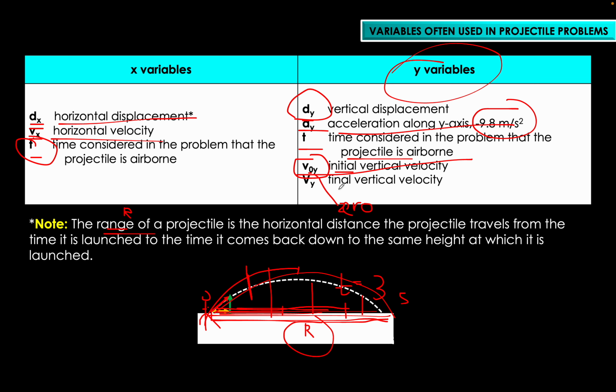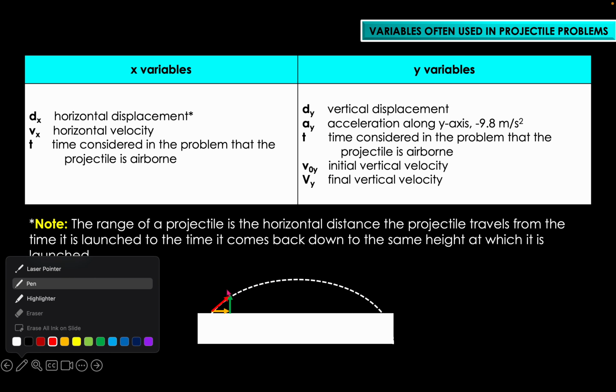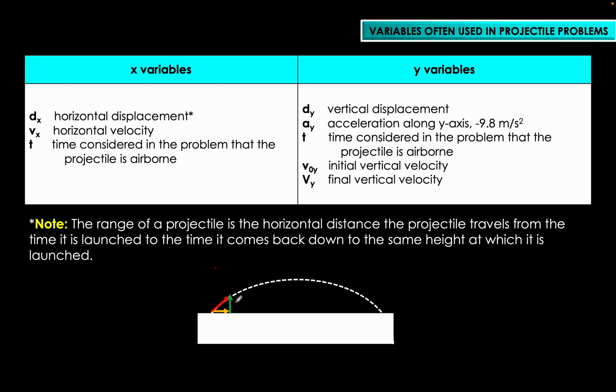And then v sub y is the final vertical velocity. Also take note that the initial vertical velocity isn't necessarily the one at the starting point, and the final vertical velocity is not necessarily the velocity at the final point. What I'm saying is that if you have a projectile problem, the initial vertical velocity could be this, because maybe my concern is only to analyze the downward motion of this particular projectile, because that's what the problem is concerned about.